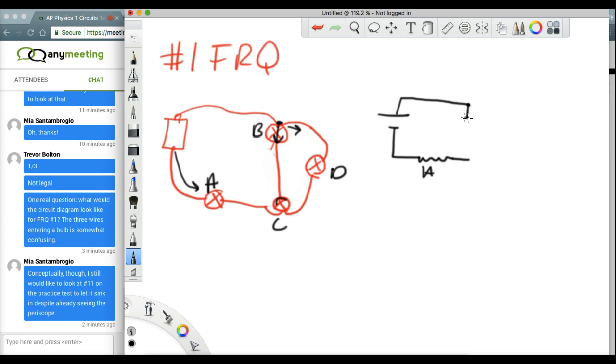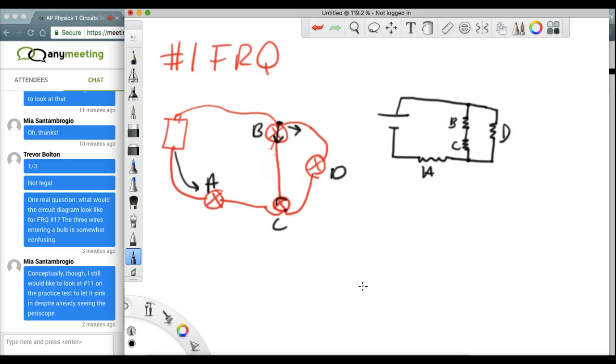So I'm going to draw that like that. And then B is directly connected to C. And then the current rejoins after C. The current splits from B and then goes over to D, and then it rejoins after C. So A, B, C, D.